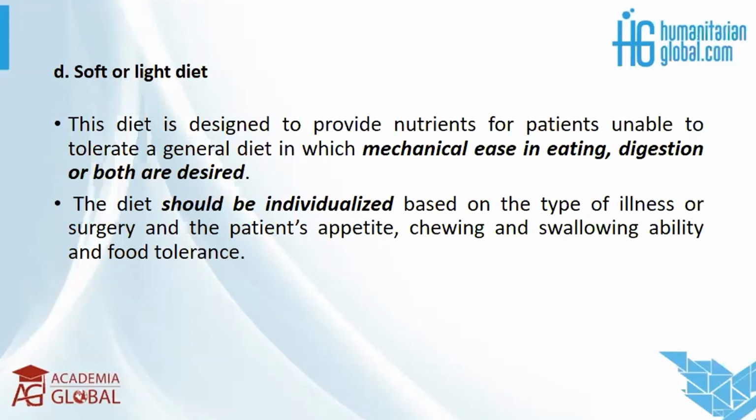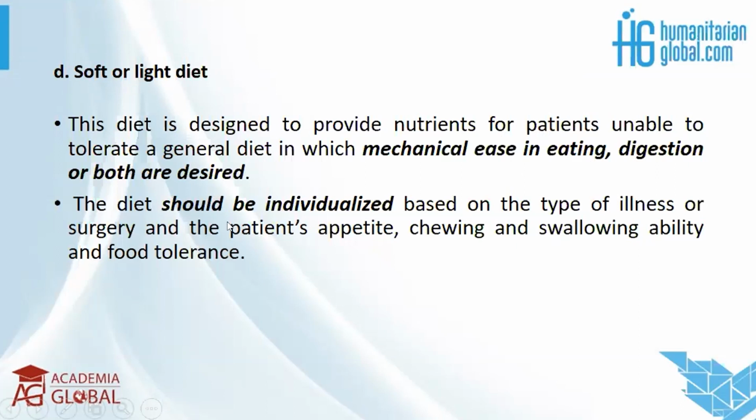It's called soft or light diet. And what is this? This diet is designed to provide the nutrients for patients unable to tolerate a general diet, in which mechanical digestion, that is physically chewing up the foods and swallowing the food, or both are desired.